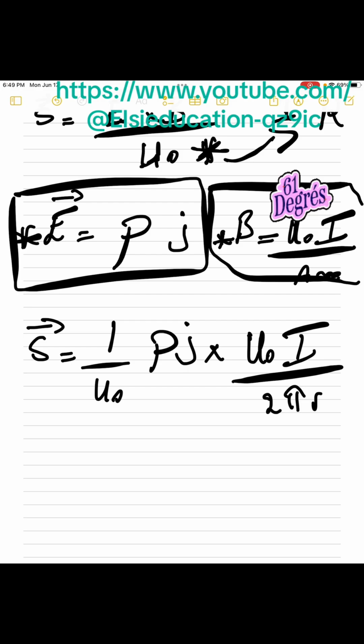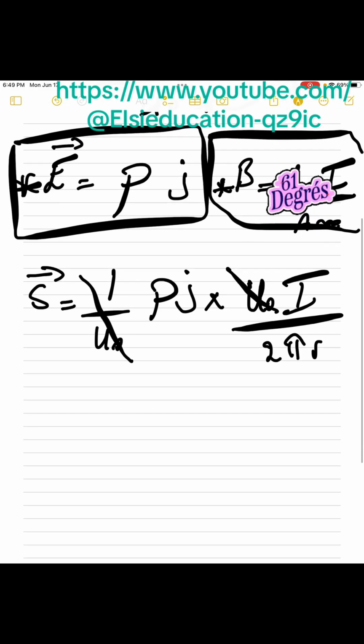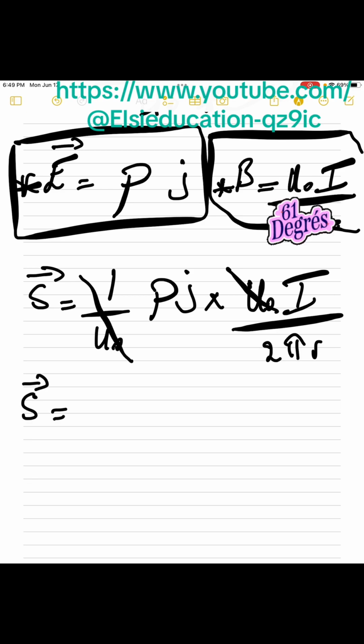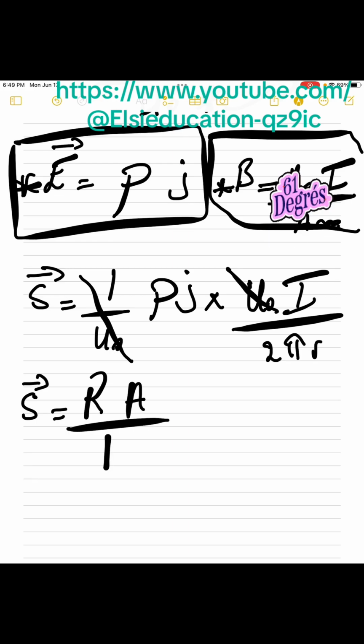Okay, so now this side will cancel out, and we're going to use the resistivity. Resistivity is equal to resistance multiplied by the area divided by the length, multiplied by the current.